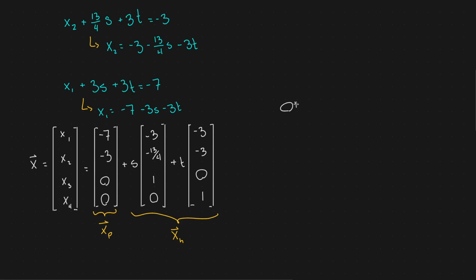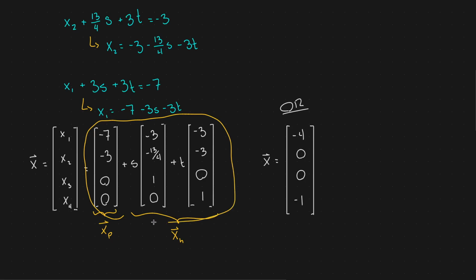Okay? So for example, I could define my general solution as, so let's use a different particular solution. I could do -4, 0, 0, -1. This is also a particular solution to the system. I know because I can get there by choosing particular values for s and t.